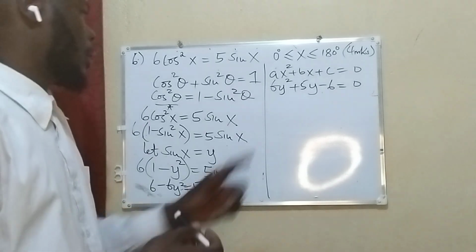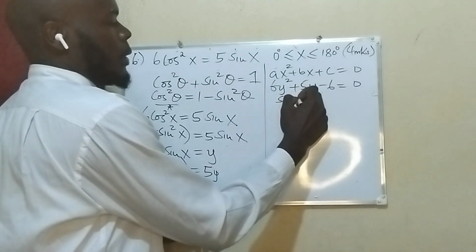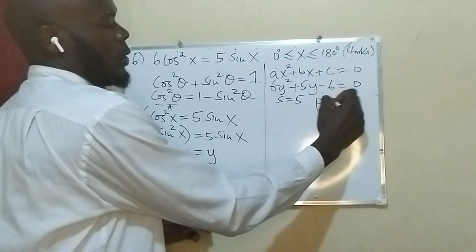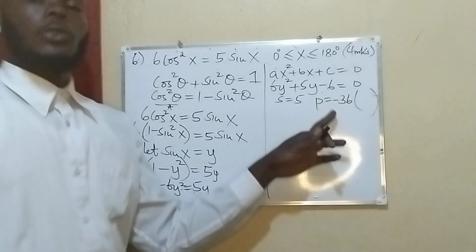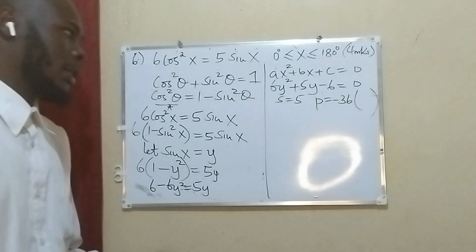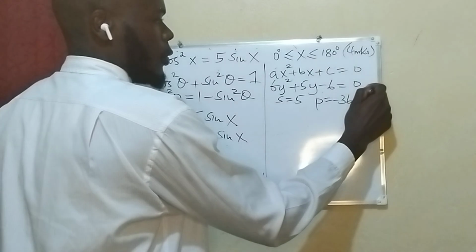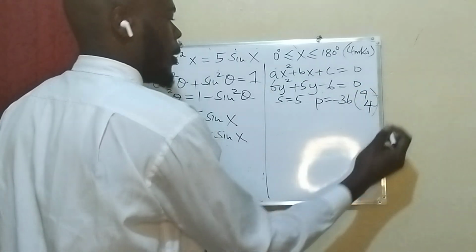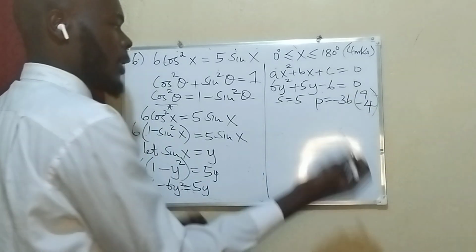At this point you see the sum is 5, product is negative 36. Two numbers which, when you multiply, you get negative 36, and when you add you get 5. Those two numbers will be negative 4 and 9.